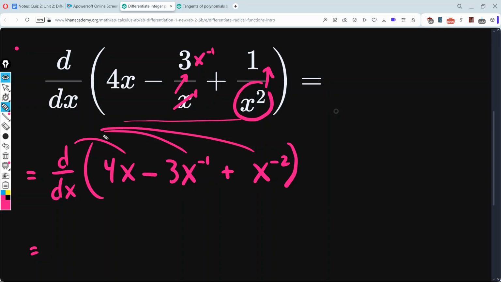So this right here is technically x to the first, right? So you take that 1, you move it out front. That's going to be 1 times 4. And then you decrease the exponent by 1. So it's going to be x to the power of 1 minus 1. And we have a minus sign. Same thing here. You take this exponent, you move it out front. So that's going to be negative 1 times 3.